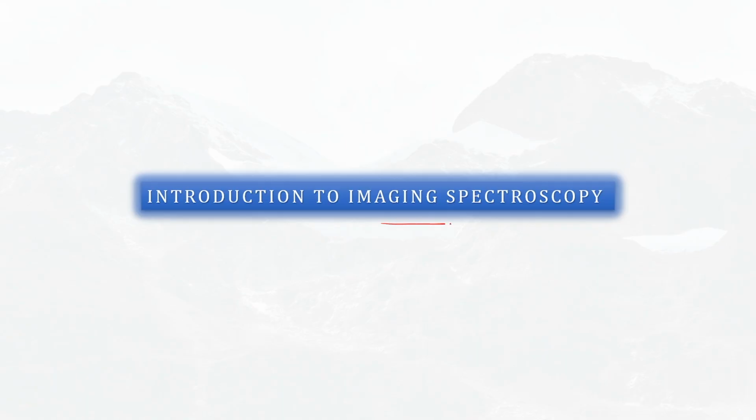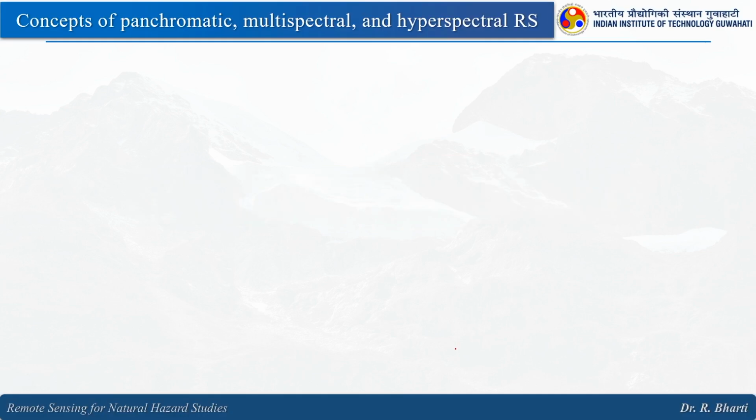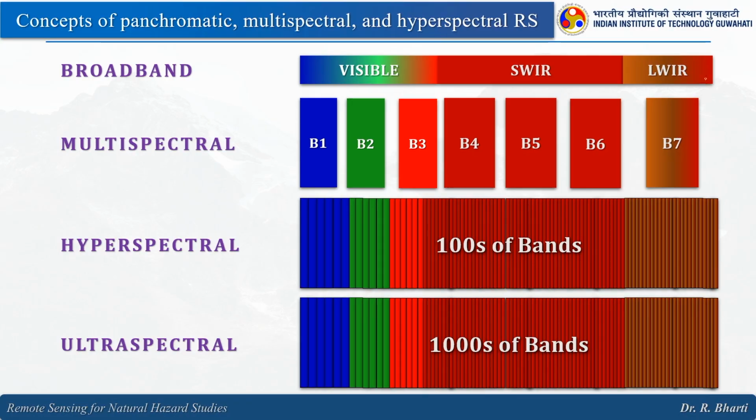Now, we will talk about the introduction to imaging spectroscopy, right. So, this is another important topic which we have to understand. So, let us go back to panchromatic, multispectral and hyperspectral remote sensing. And here you remember this slide where broadband is using a very long wavelength range to generate a single image, right.